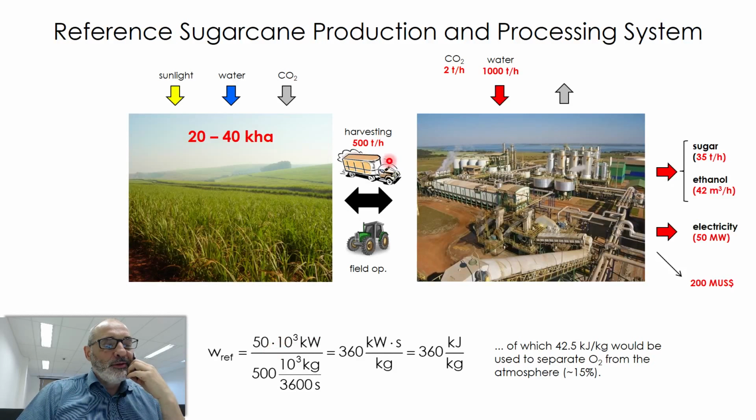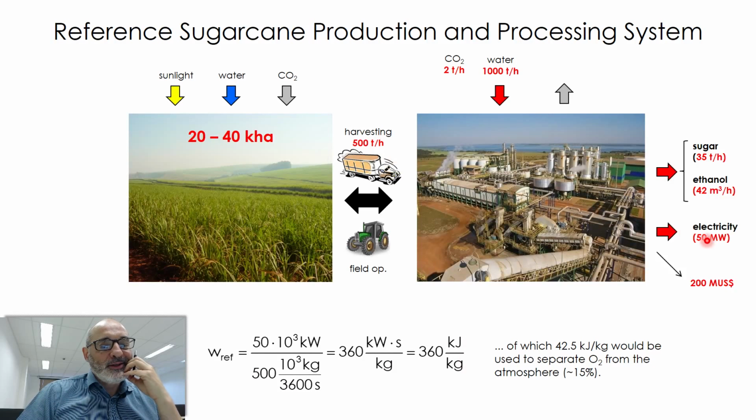So 50 megawatts, 50 times 10 to the third kilowatts, divided by 500 tons per hour gives 360 kilojoules per kilogram.